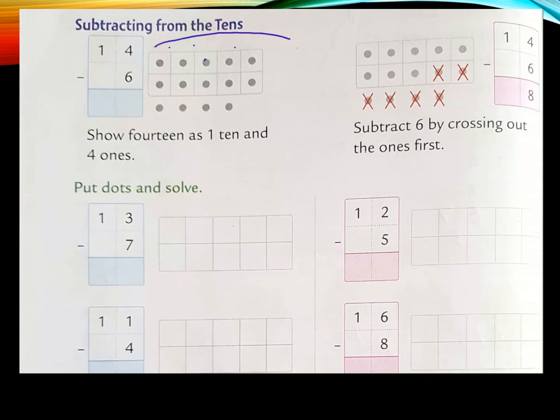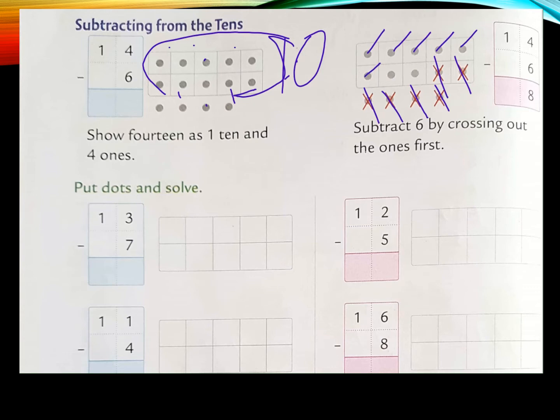So this whole set is always 10. 10, 11, 12, 13, 14. So from 14 you minus 6. 1, 2, 3, 4, 5, 6. And then we are left with 1, 2, 3, 4, 5, 6, 7, 8.